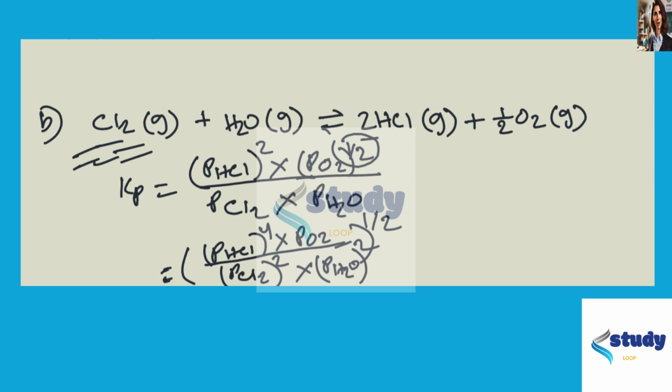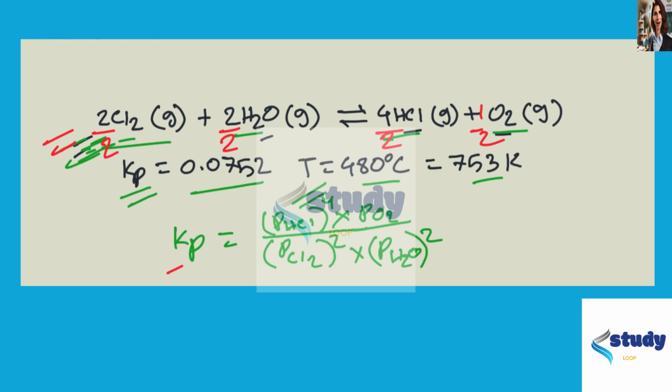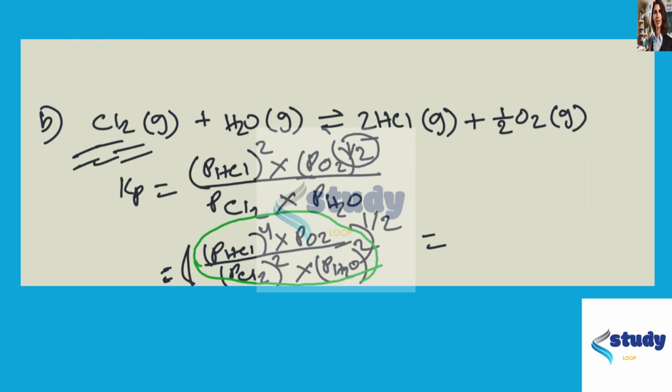So that means this is basically the same reaction but with different coefficients. If we write down this reaction in this form, we can easily see that this is actually the equilibrium constant in pressure expression for this reaction.